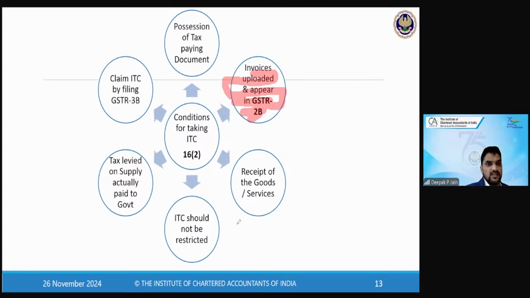So the tax levied on supply is actually paid to the government. Similarly, the supplier from whom we have received, he will pay it.